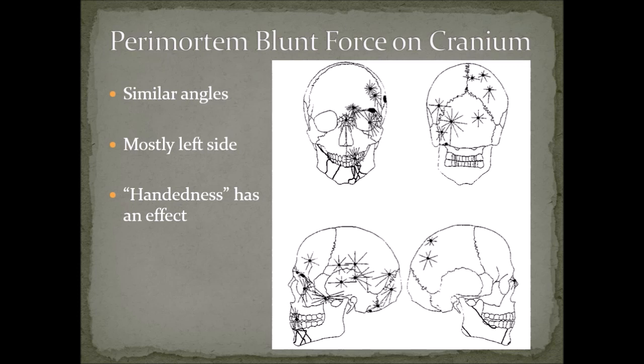Because of that, we tend to see these things coming in, hitting the body at similar angles. It's usually right to left or top to bottom. But the vast majority of it will be hitting the victim on the victim's left side.